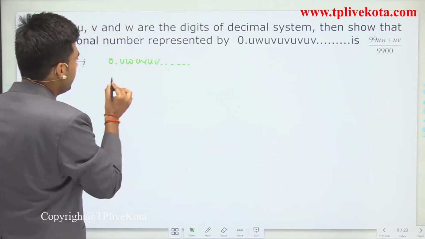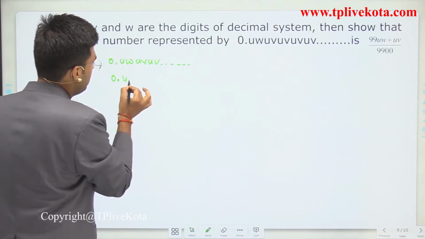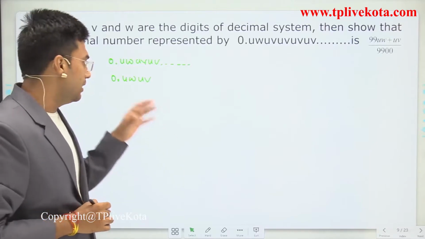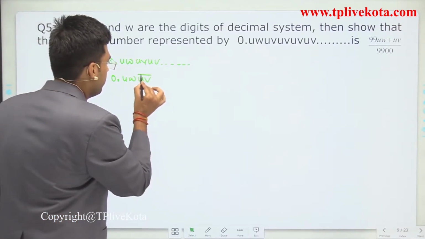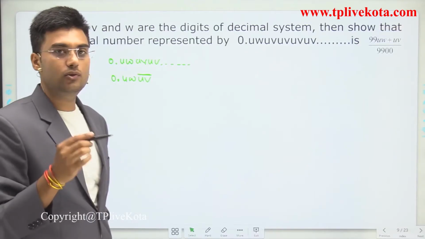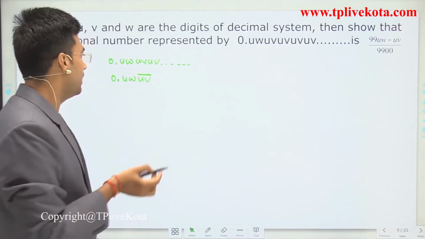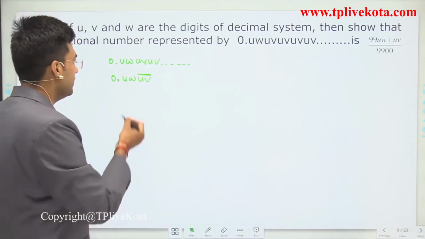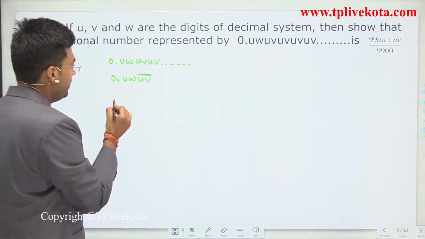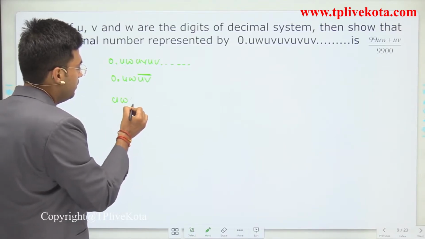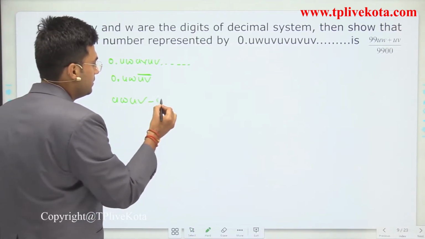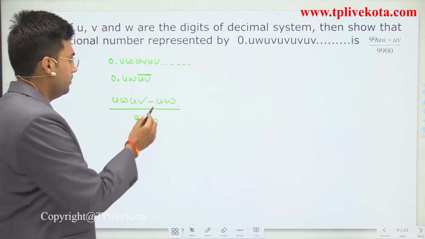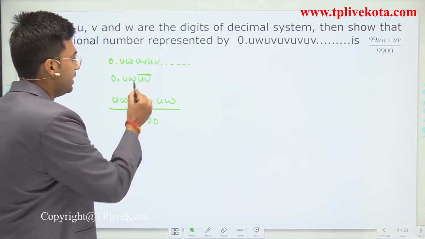So dear students, we can write this number as 0.uw uv bar. And if we convert this number into fractional form, then it can be written as (uwuv minus uw) divided by 9900, because two digits are recurring.